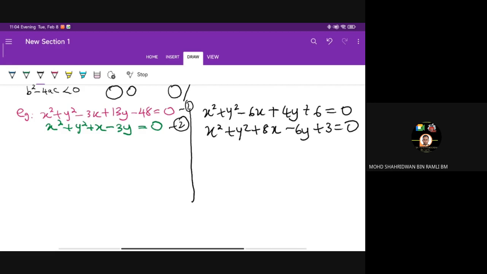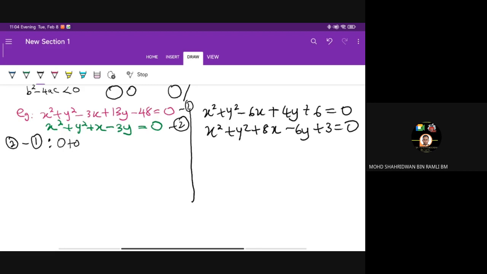At first, you need to subtract equation number 1 and equation number 2, either 2 minus 1 or 1 minus 2. It's up to you. The easiest one is equation number 2 minus equation number 1. So you have x square minus x square is 0, y square minus y square also 0.